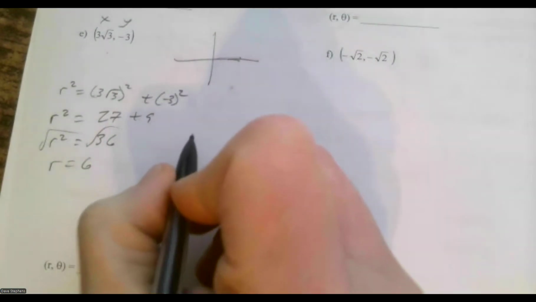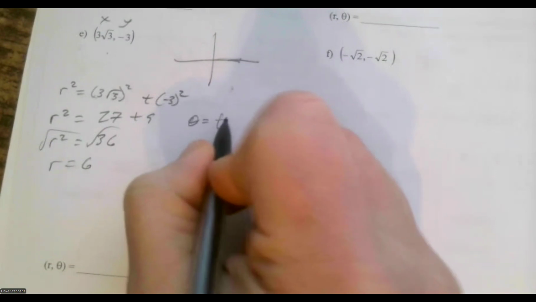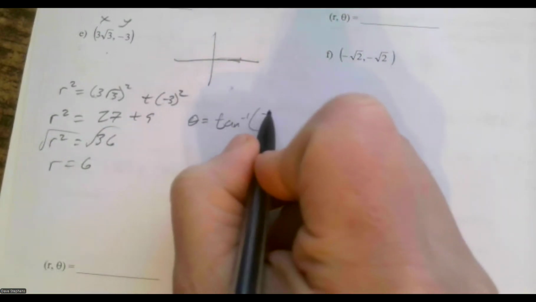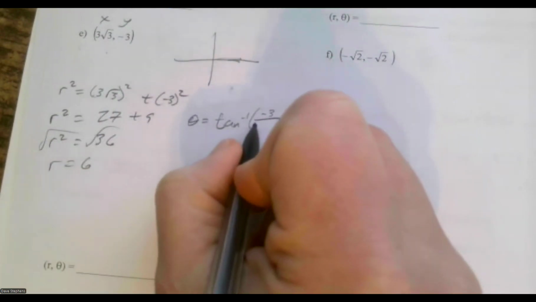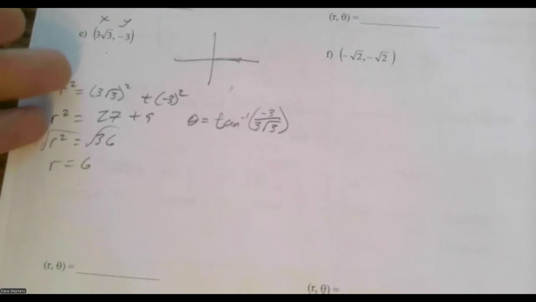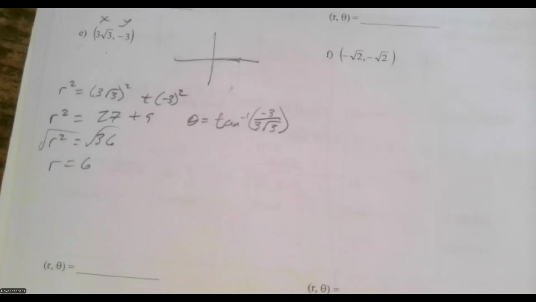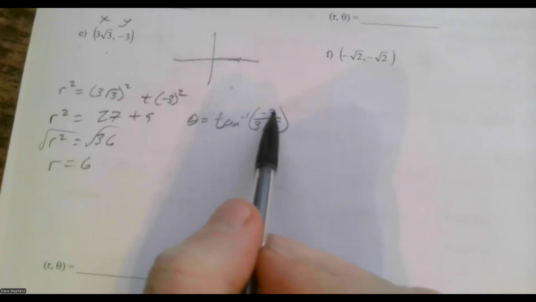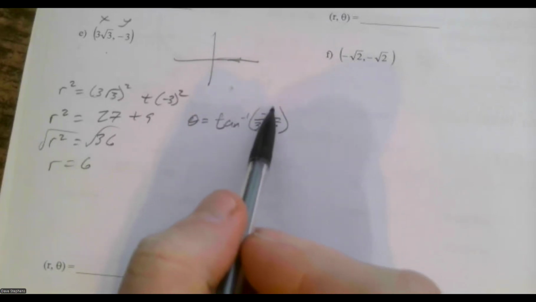And now to go find theta, plug it into our little formula, tangent inverse of y, which is -3, over x, which is 3 root 3. You could figure that out, right? We should be able to figure that out. I know that my values are going to cancel here.